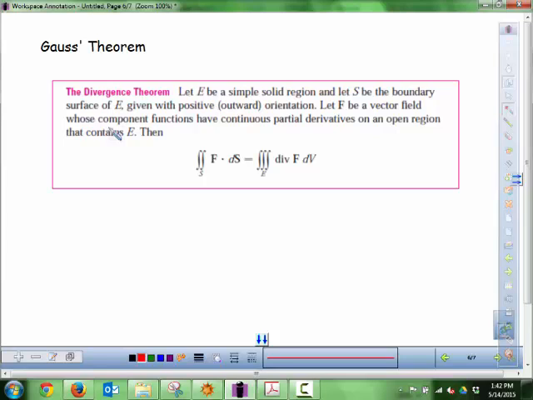And then F is a vector field whose partial derivatives are continuous in the region that contains E. Then this flux integral is equal to a triple integral.